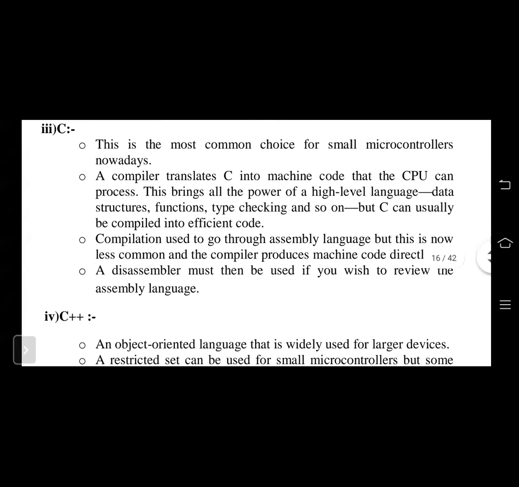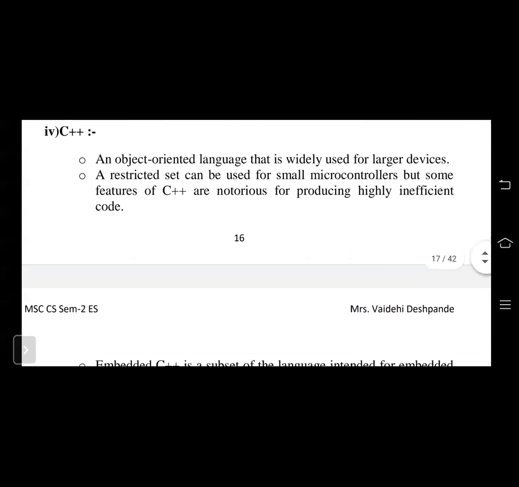The next is C++, an object oriented language used for larger devices. A restricted set can be used for small microcontrollers, but some features of C++ are notorious for producing highly inefficient code.